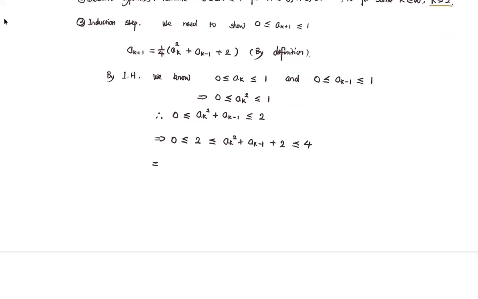So that's going to give you 0 is less than or equal to 1 over 4 times AK squared plus AK minus 1 plus 2, which is less than or equal to 1. Okay, so therefore you get A(K+1) is in between 0 and 1 as required.